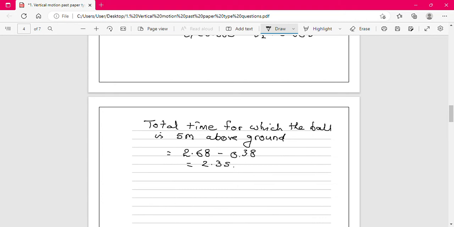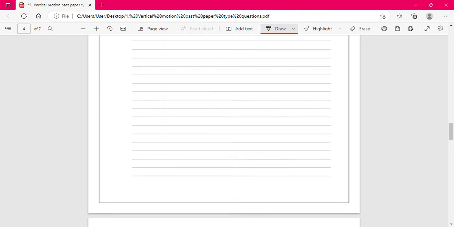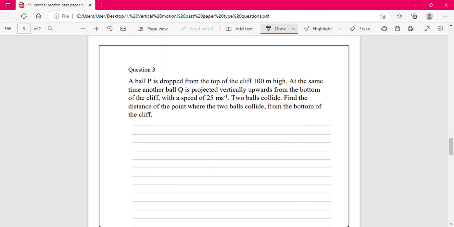Okay, now let us come to the third problem here. A ball P is dropped from the top of a cliff. So there is one ball P that is dropped from the top of the cliff, which is 100-meter high.